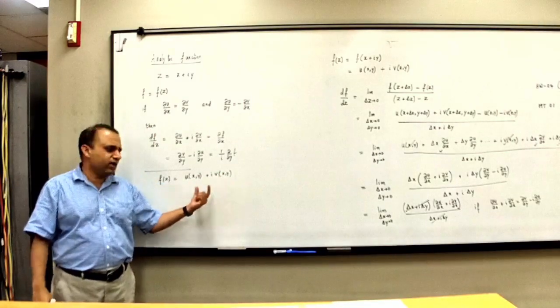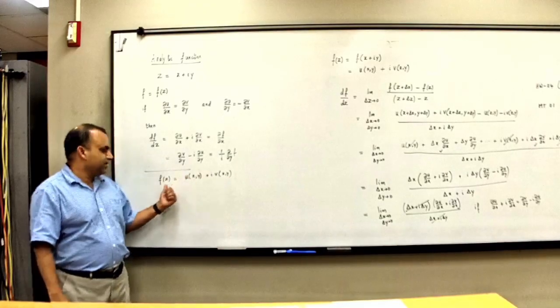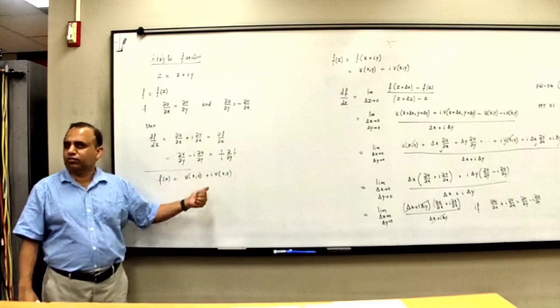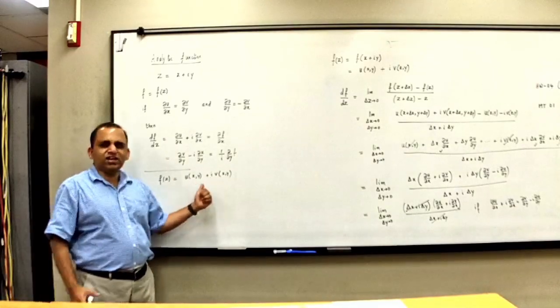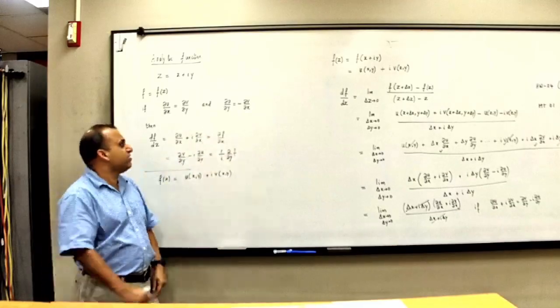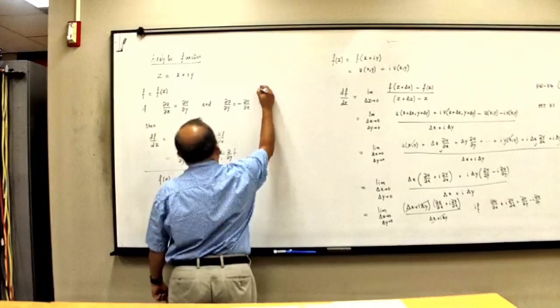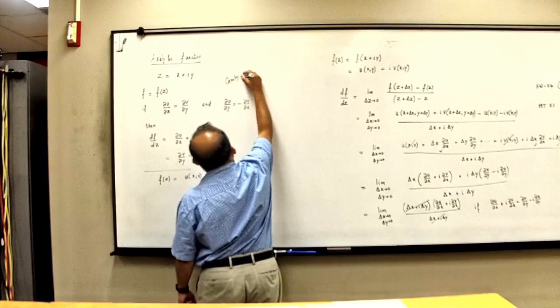On an xy plane, think of two functions, u and v. The function is built out of that. U and v are not any arbitrary two functions. They have to satisfy this. These conditions, by the way, are called Cauchy-Riemann conditions.